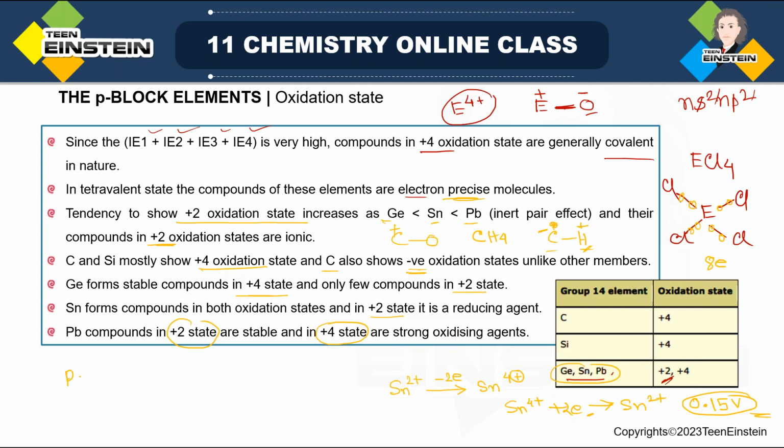Suppose we have a Pb compound in the 4+ state, it will have a tendency to be converted to the Pb2+ state by accepting 2 electrons, because it is strongly oxidizing in nature. The tendency to remain in the Pb2+ form is solely because of the inert pair effect, but you cannot give that same logic for Sn, because there the reduction potential value also has to be considered.